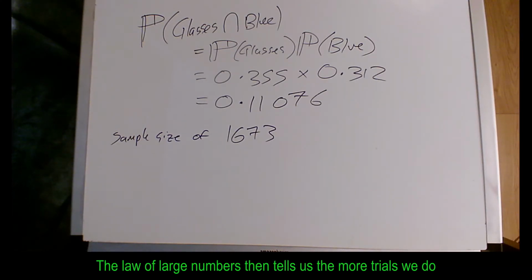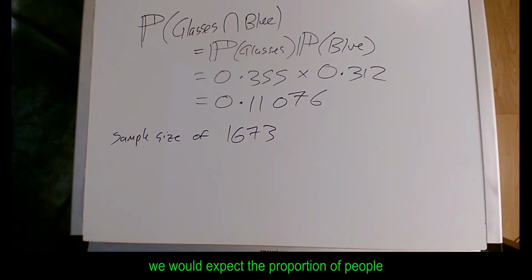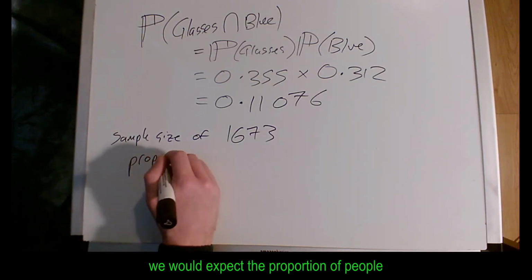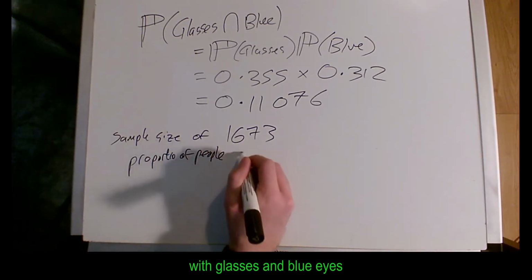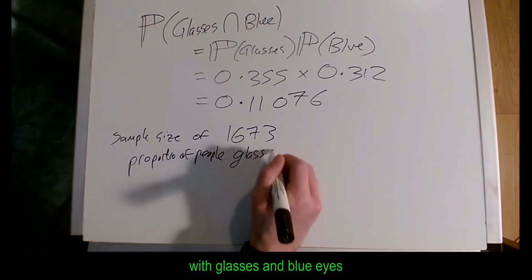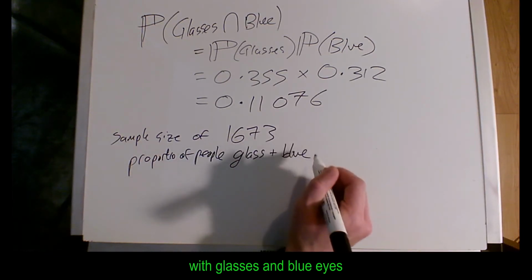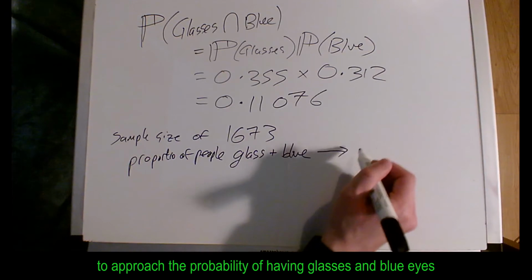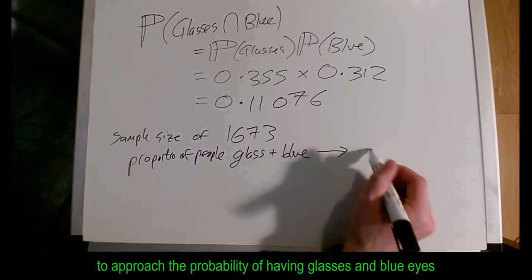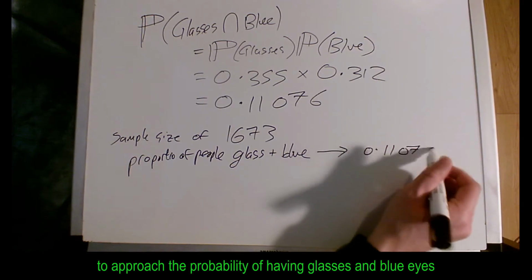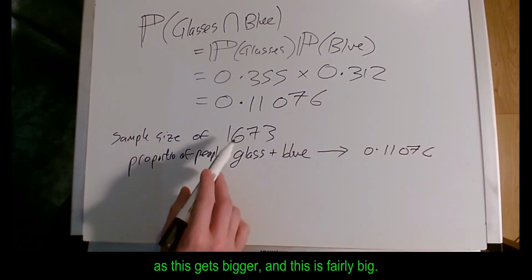The law of large numbers then tells us the more trials we do, and we've got quite a lot of trials here, we would expect the proportion of people with glasses and blue eyes to approach the probability of having glasses and blue eyes as this gets bigger, and this is fairly big.